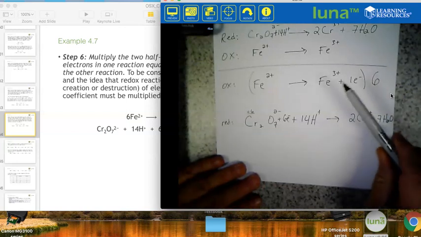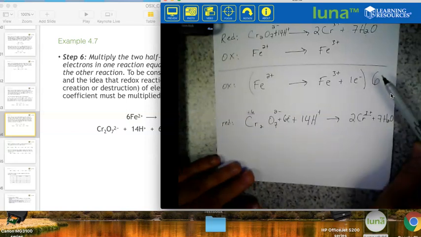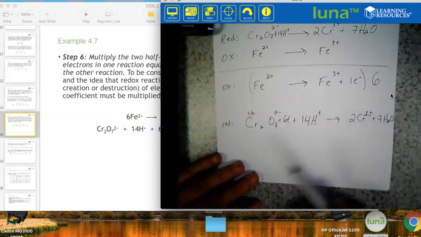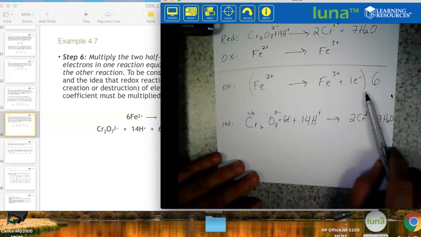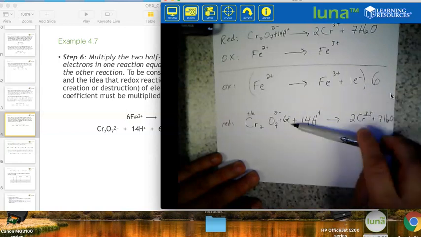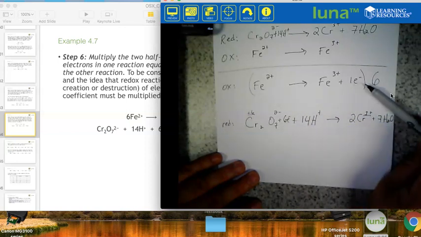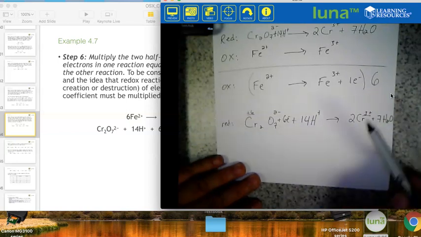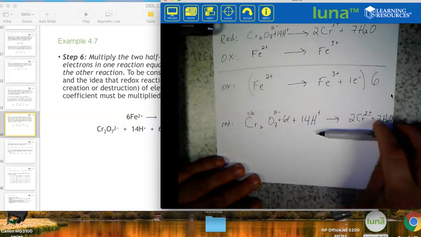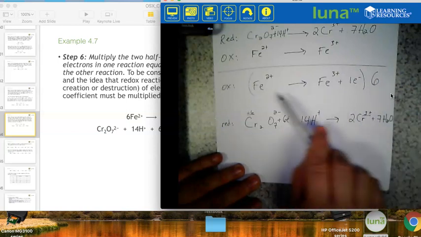For example, if this were a 2 and this were a 3, you'd multiply by 3 and 2, if you have an even and odd number issue. Here we only have to multiply one reaction, because we want each reaction to have the same number of electrons. In this case, we need both reactions to have 6 electrons. The strategy is that when we finish up our reaction, we have to be able to cancel out the electrons. That's why we're going through this process.